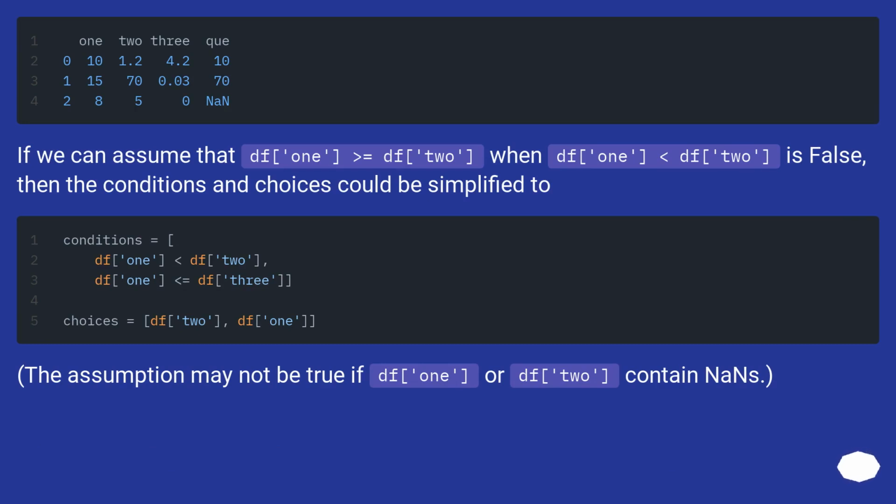The assumption may not be true if df1 or df2 contain NaNs.